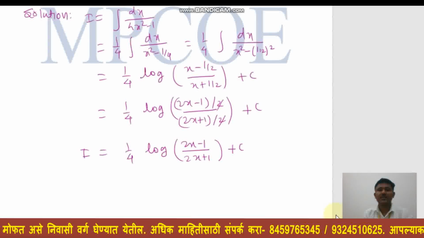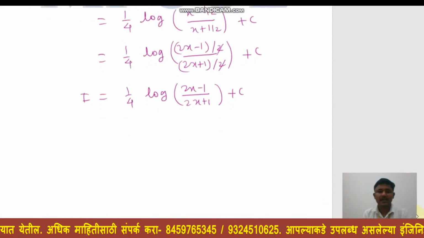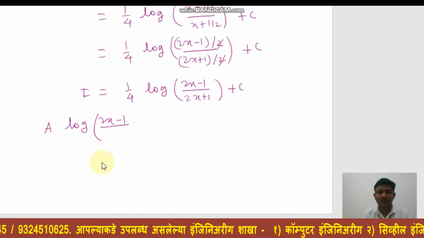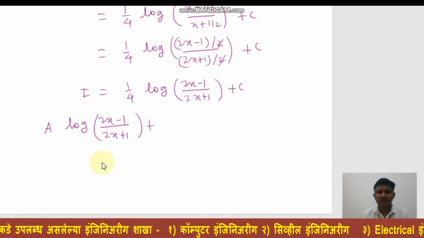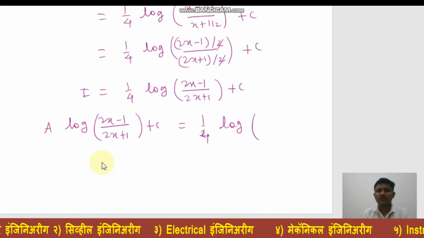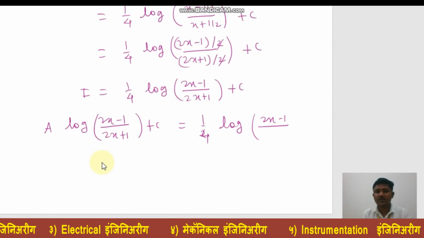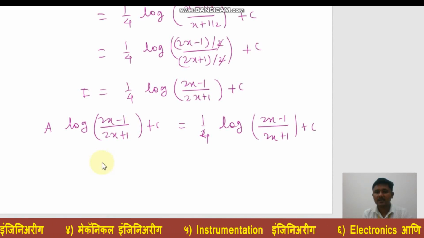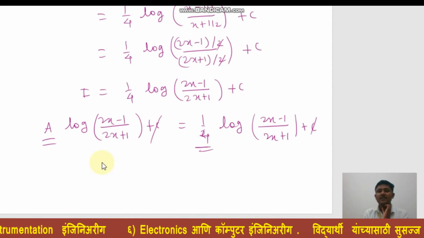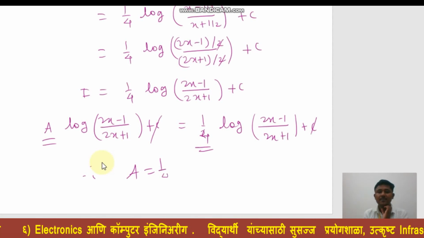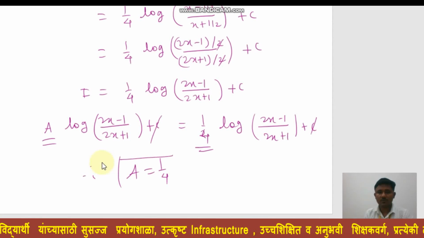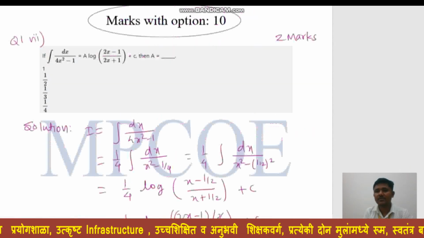So the value of the integration is given to us, and that is log of (2x minus 1) upon (2x plus 1) plus c equal to a, sorry, 1 by 4 into log of the desired value (2x plus 1), plus this c is cancelled with this c1, and after comparison these come with this one, so a is equal to 1 by 4. Within a minute you can calculate the value of a, so your answer will be 1 by 4.